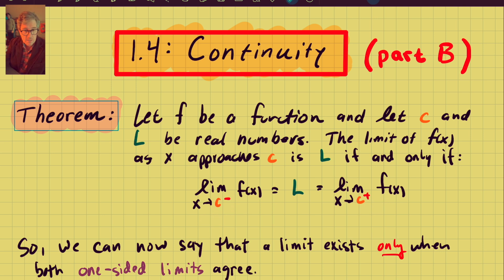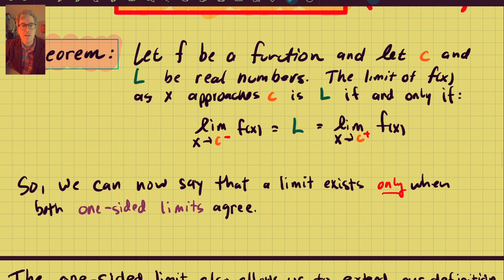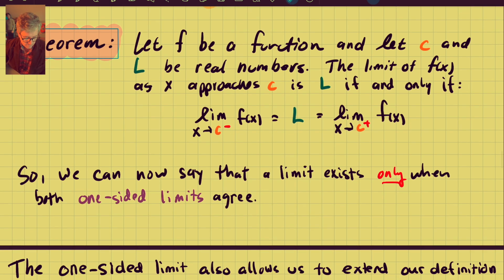We can say that the overall limit exists only when the two one-sided limits agree. So we can now say that a limit exists only when both one-sided limits agree. So obviously they must exist and they must agree.